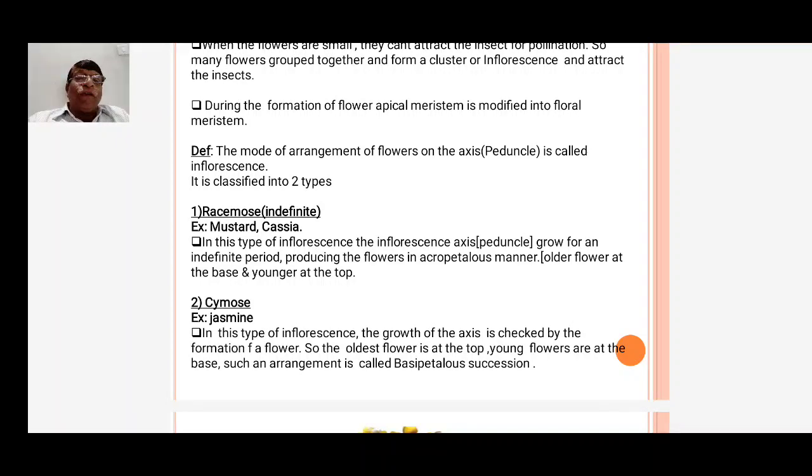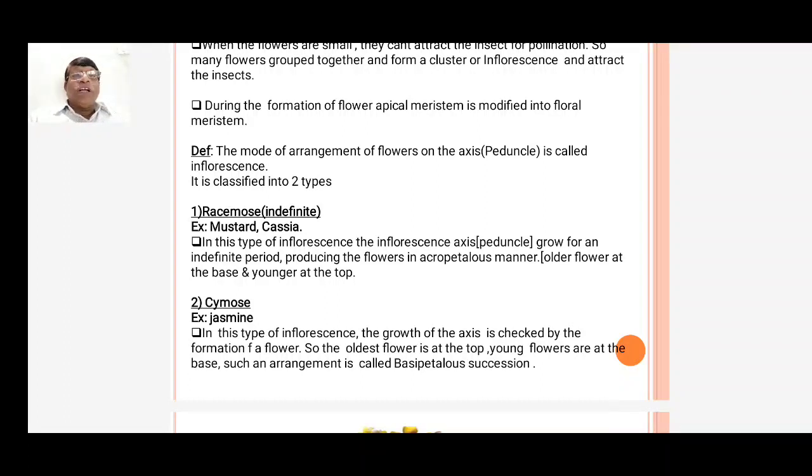In this type of inflorescence, the main axis of the inflorescence, the growth is checked or stopped by the formation of a flower. What's very important? The growth of the peduncle or axis is checked or stopped by the formation of a flower.